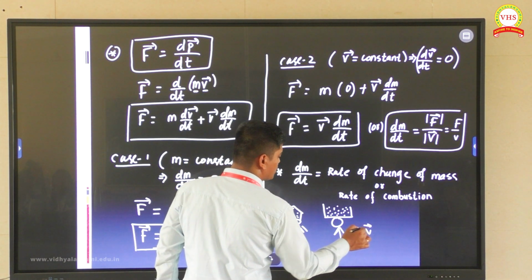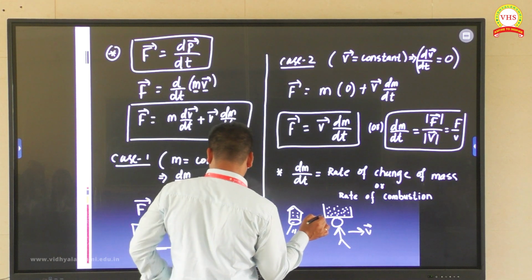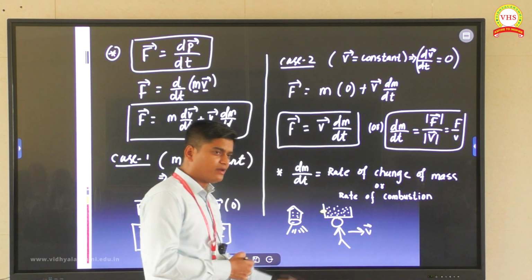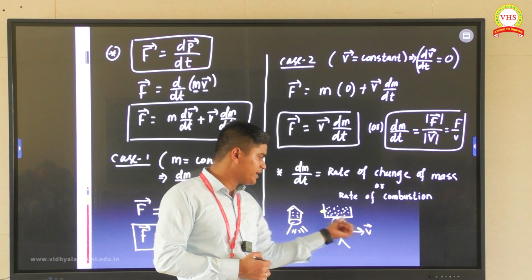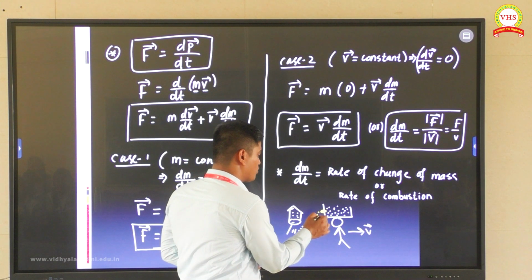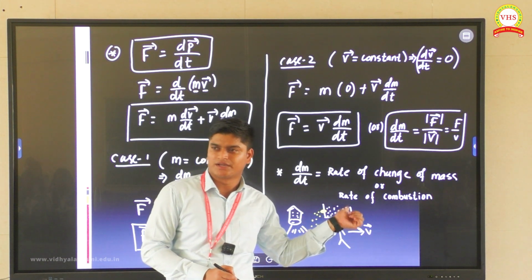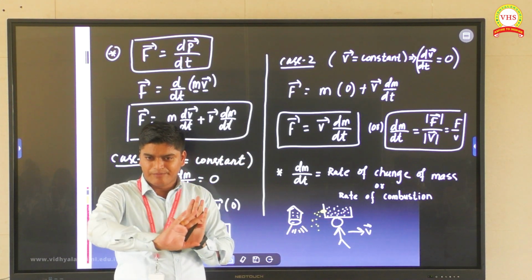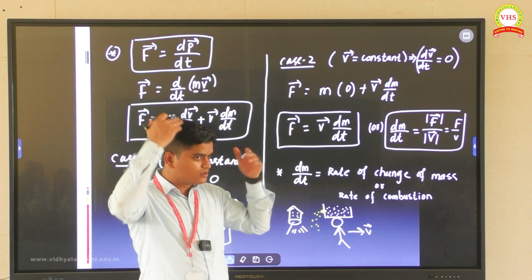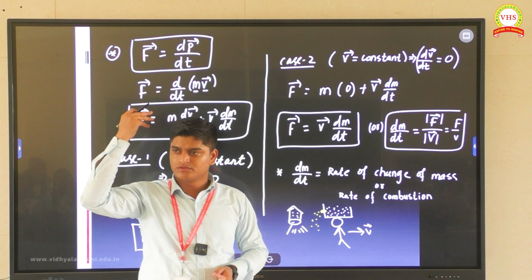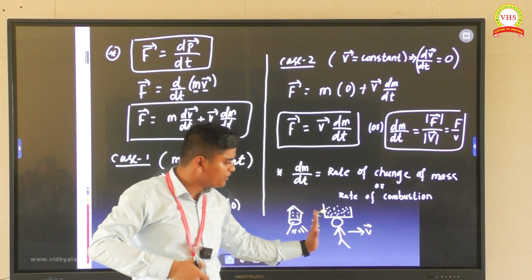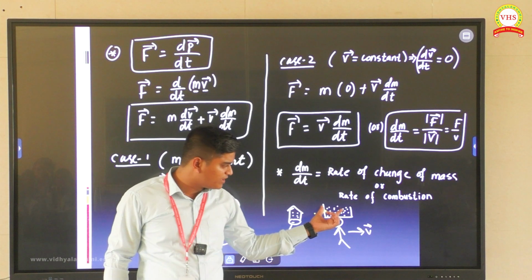Now here I made one hole. Then what will happen? When it is moving from here, something will fall down, right? Some water particles or sand particles, whatever, will fall down. As time passes, this person is going, and some particles are falling down. Some mass is falling down. That means when that person is moving in this direction, what is happening here?